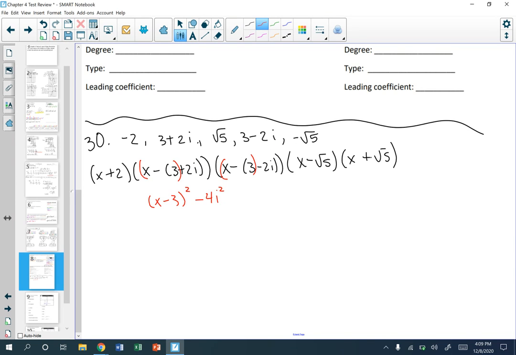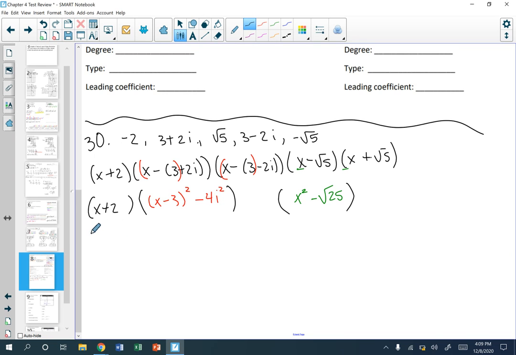All right, same idea here with the x minus the square root of 5. So I'm going to multiply the first two, which gives me x squared, and then negative square root of 5 times the square root of 5 gives me negative the square root of 25. And all of this, don't forget, is multiplied by the x plus 2.